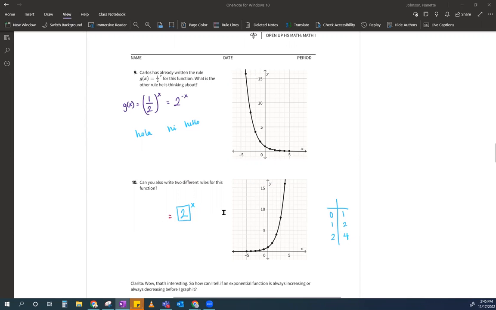Okay. So since I already have the positive x version, that means I need to have the negative x version. Now, check it out. The 2 with the negative x, remember it means to divide. So we went 1/2, right? That's what happened to the base. So if this is true, what should be my base here?